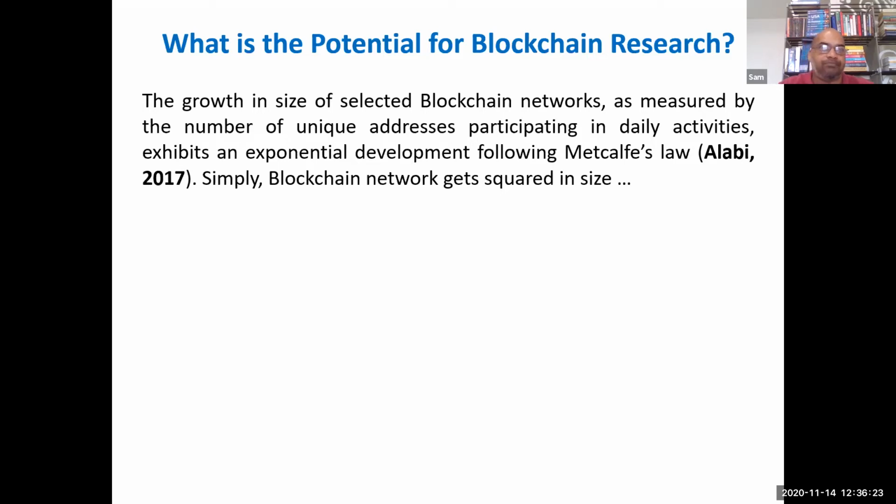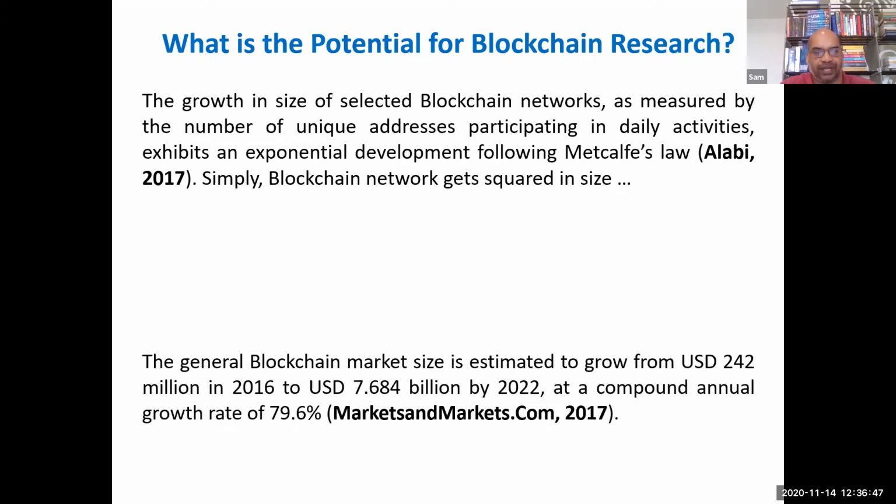So the number of blockchain networks are not doubling, but it is squaring in size. So you can see that the industry and organizations and corporations, countries out there are getting onto and starting applying blockchain technology to most of the things.